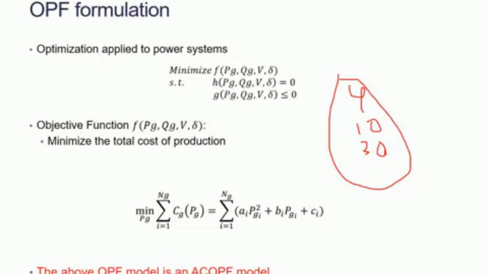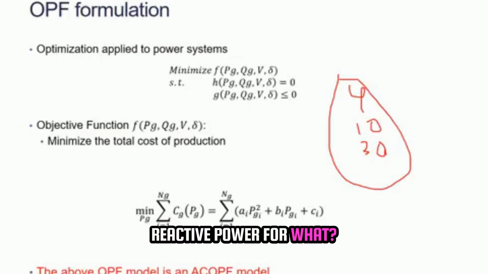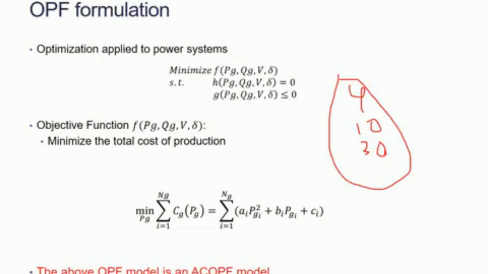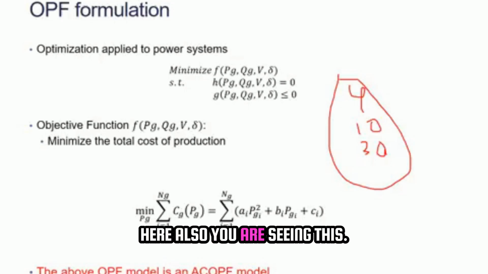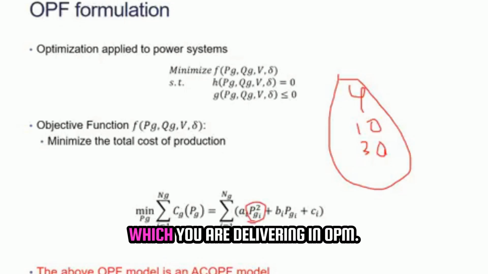Reactive power. Reactive power for what? Yes. So the same you can get from OPF also, right? Here also you are seeing this value is nothing but the power which you are delivering in OPF.